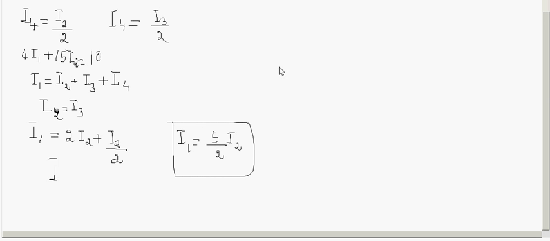So that will give us 4 into 5 by 2 I2 plus 15 I2 equal to 10, or I will get I2, which is also equal to I3, will be equal to 2 by 5 amps.